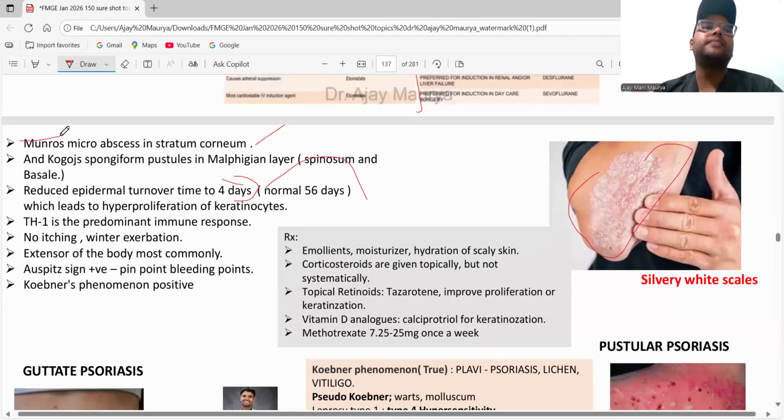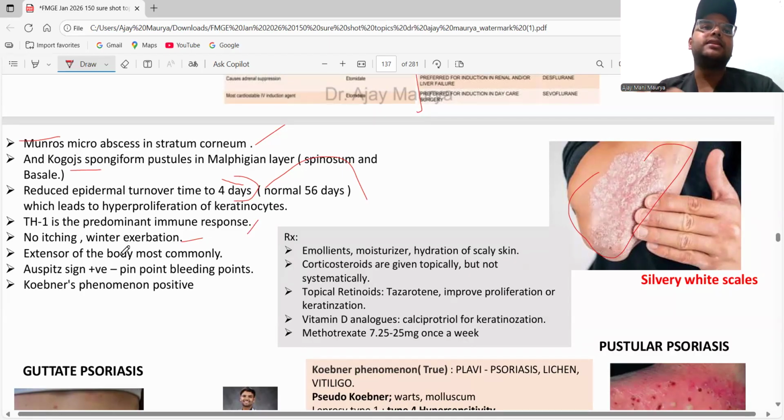Also, Kogoj's spongiform pustules in the Malpighian layer. Munro's abscess and Kogoj's spongiform pustules are seen in psoriasis only. Now the Th1 helper cells are the predominant immune response here. No itching, and it will exacerbate only in the winter season.